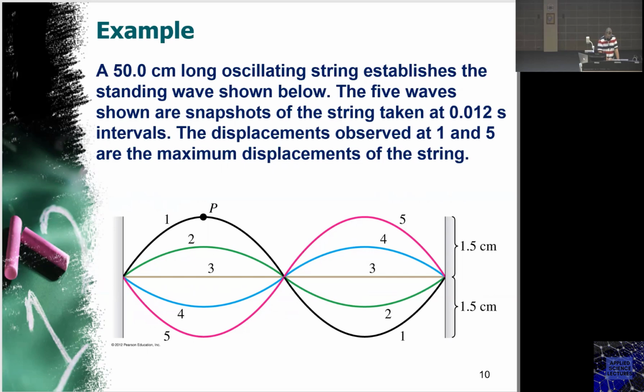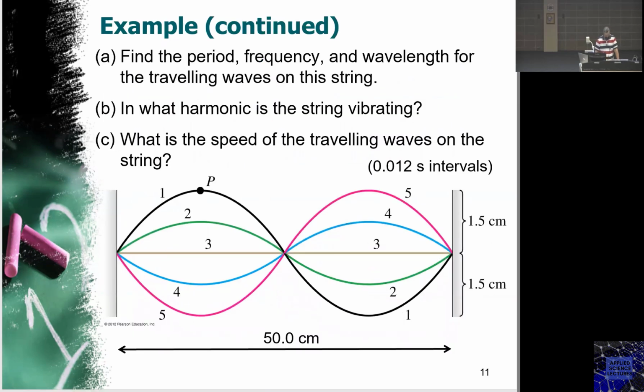Understood? Now the question is asking us to find the period, the frequency, and the wavelength of the traveling waves in this string. So how can we find the period?